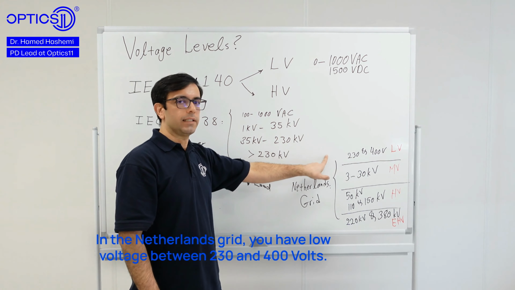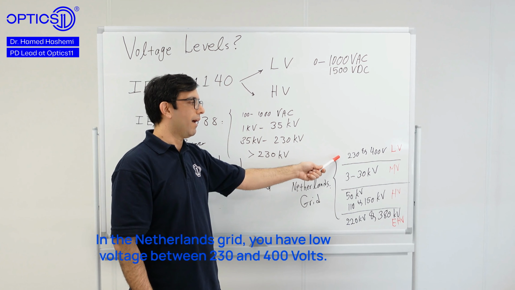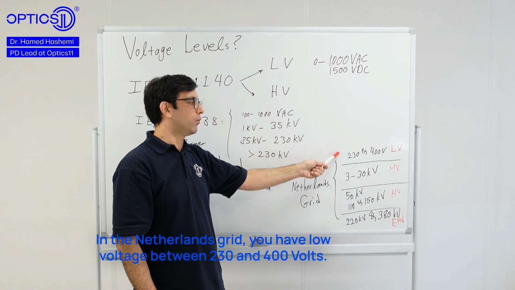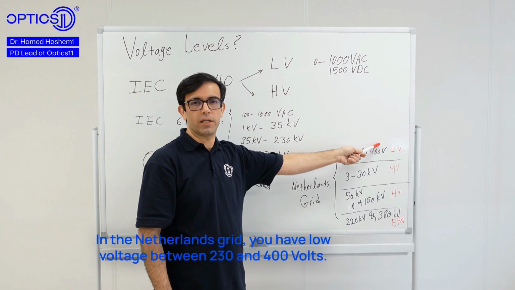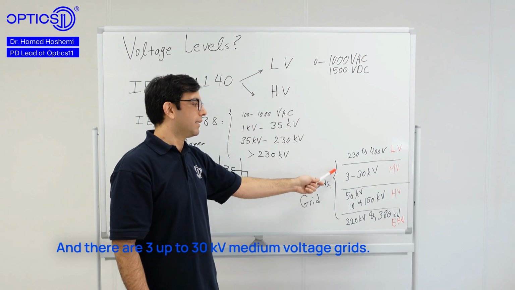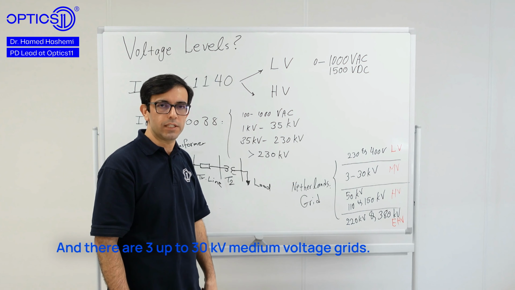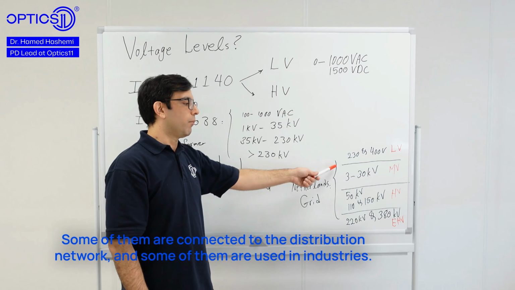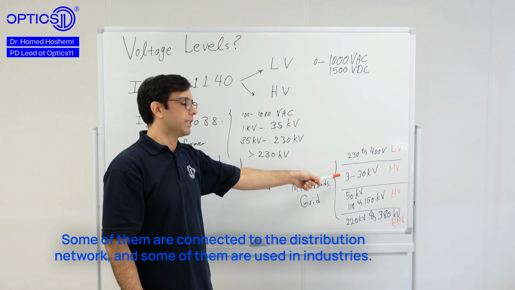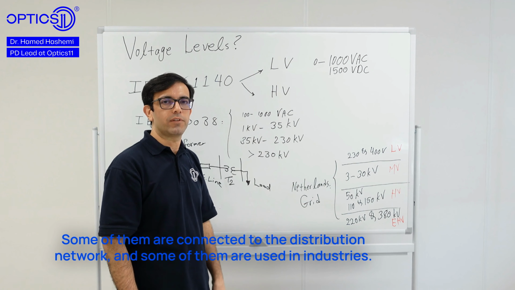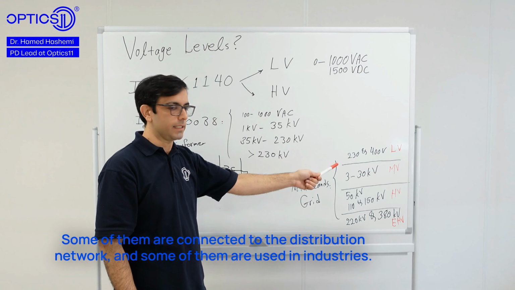In the Netherlands grid, you have low voltage at 230 and 400 volts. And there are 3 up to 30 kV medium voltage grids. Some of them are connected to the distribution network and some of them are used in industries.